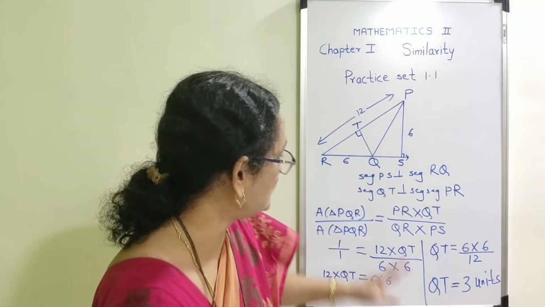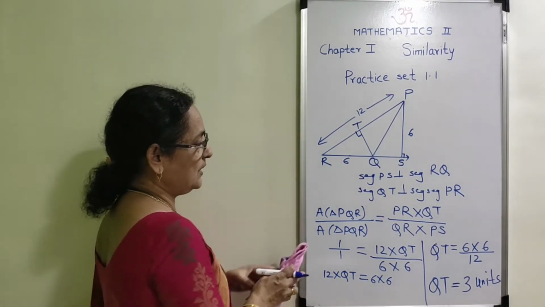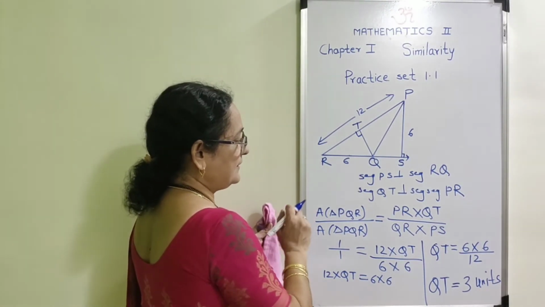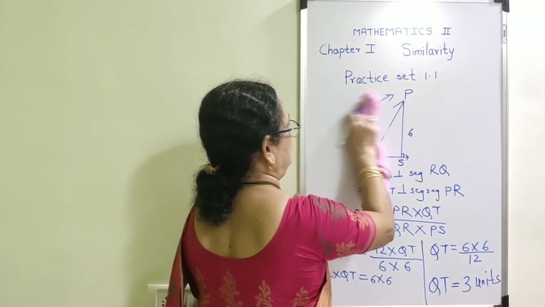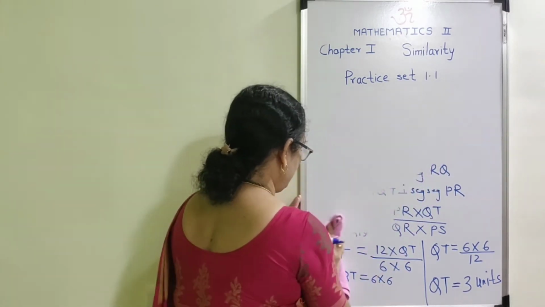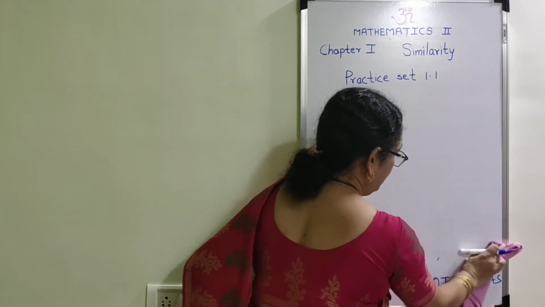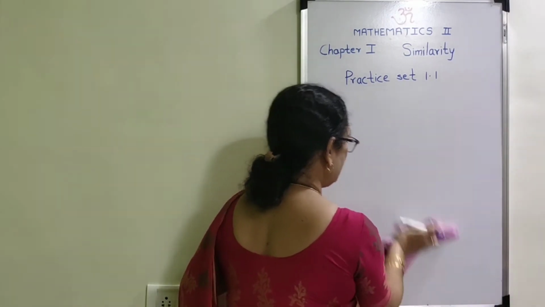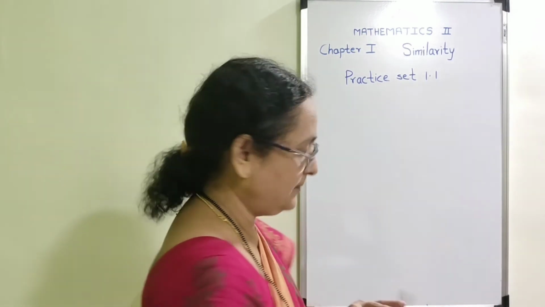If you have understood these examples, complete these examples in your notebook, write carefully and write the reasons for each and every step. Now I am going to take the last and the fourth example. Complete the fifth one as homework in your notebook. I am going to take example number 4.